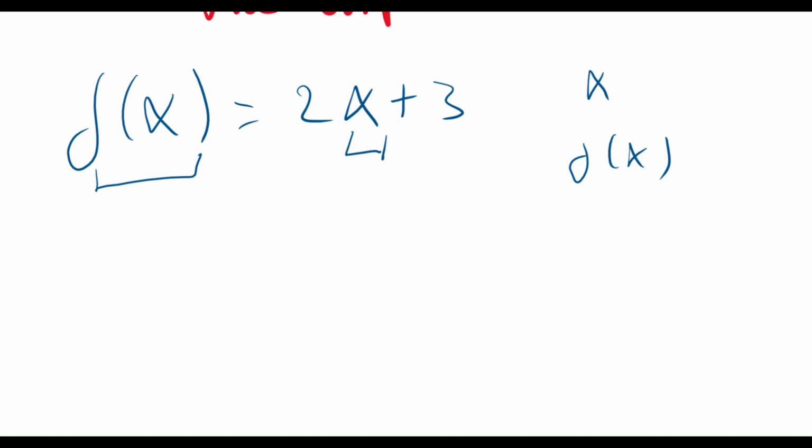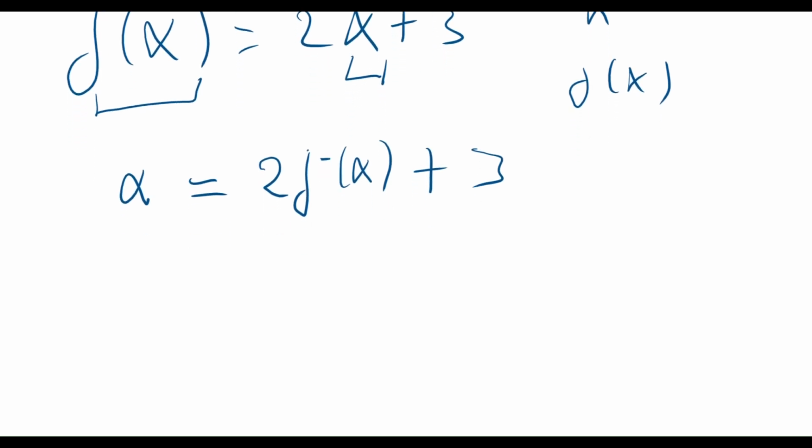So with that, we can replace this with x, and this x we can also replace with the inverse function, plus 3. So now we can solve for this inverse.